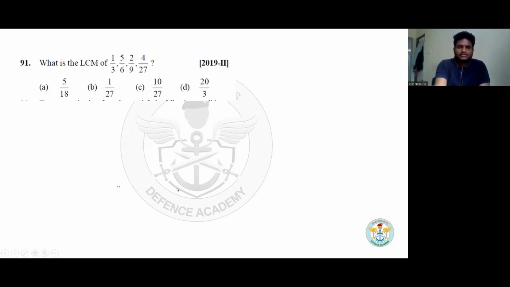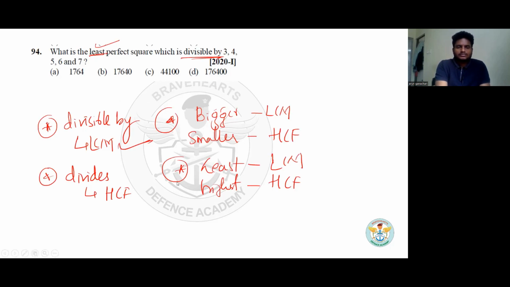The question is: the least perfect square which is divisible by 3, 4, 5, 6, and 7. The LCM you are getting of 3, 4, 5, 6, 7.